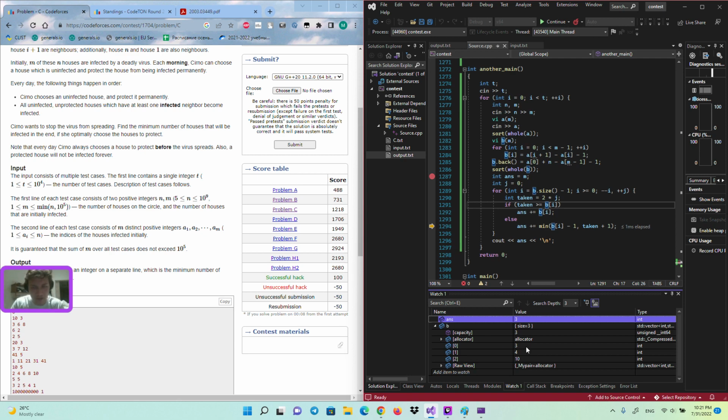So we have 3, 4, and 10, and that's correct, I guess. Yes, it's perfectly correct. But what's wrong in this case? This is 4. Okay. After that, ans is 7, why 7?